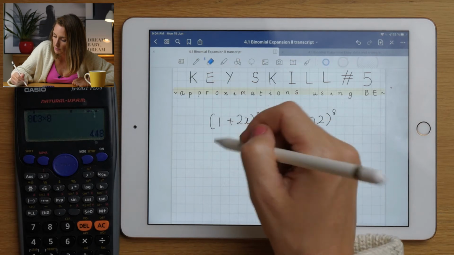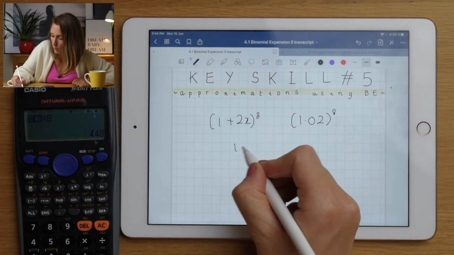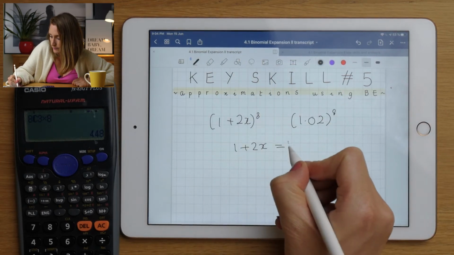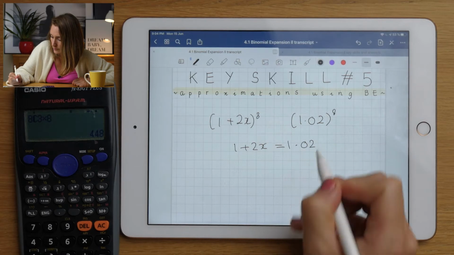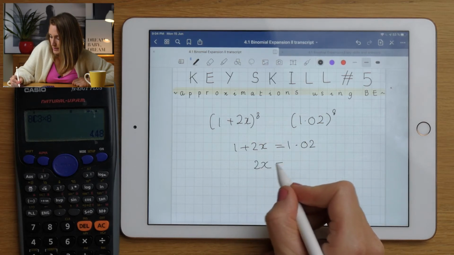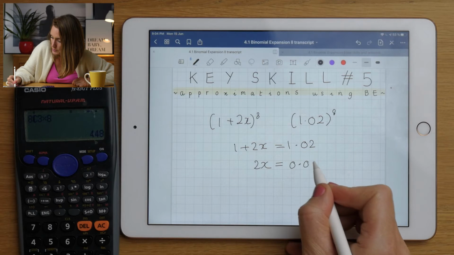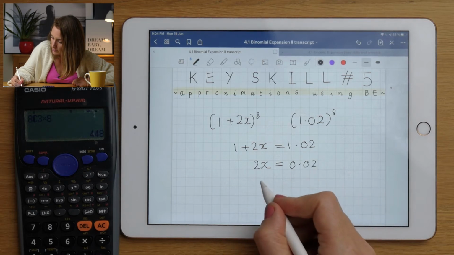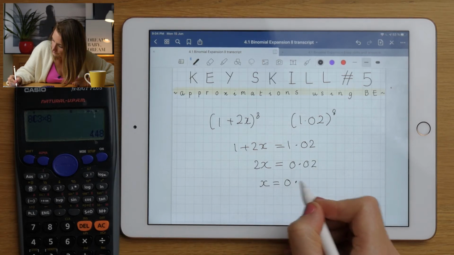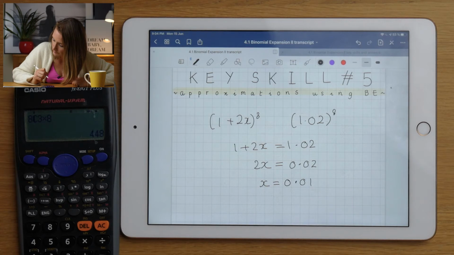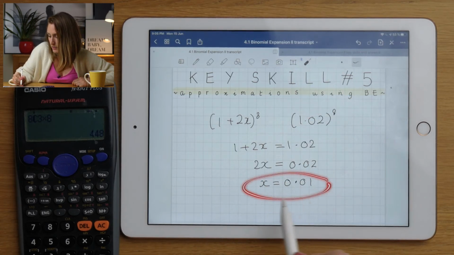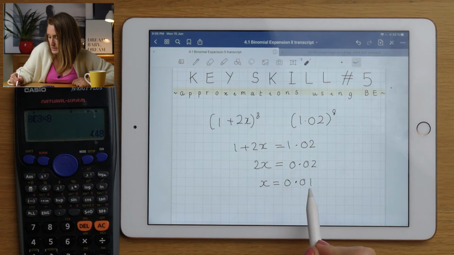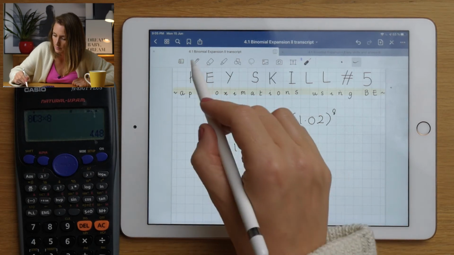So if you think about it, we can take off the brackets and think, what would x need to be? If I subtract 1, that would give me an answer for 2x of 0.02, and I can divide by 2. That means that I need to use the value of x equals 0.01 in my expansion.